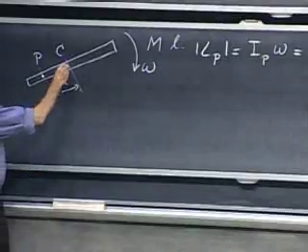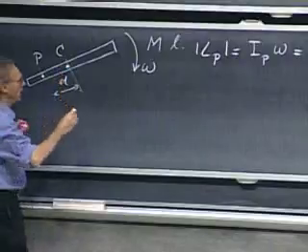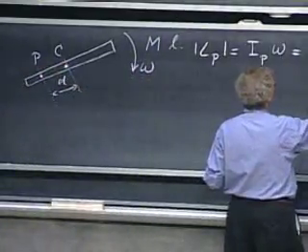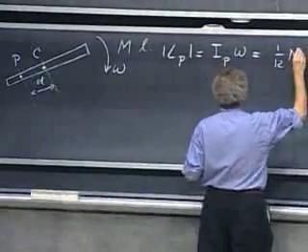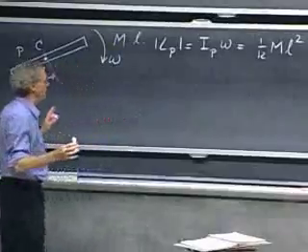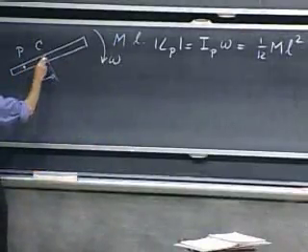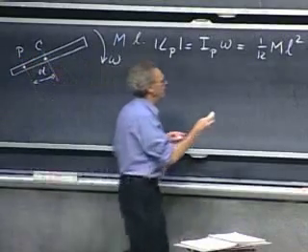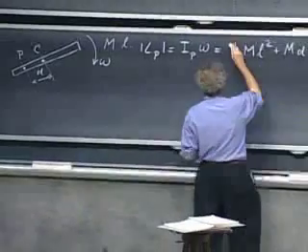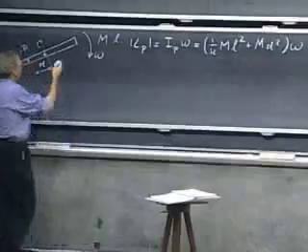I know that the moment of inertia for rotation about the center of mass through this axis perpendicular to the blackboard equals 1/12 m L squared. Well, I just looked that up in a table because I don't remember that. So that would be the moment of inertia about this axis, and then the parallel axis theorem tells me I have to add m d squared, times omega.